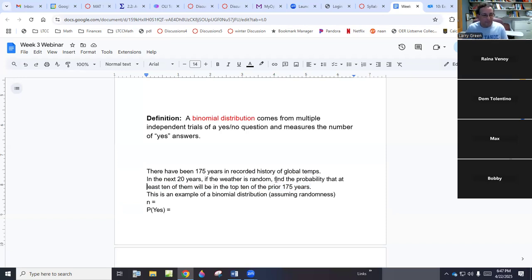Okay, so notice you can consider this as a binomial distribution, because next year we're going to take the temperatures, find the average temperature on Earth, and ask: is that in the top 10 in the past 175 years?